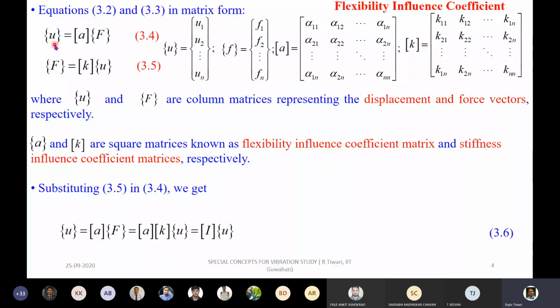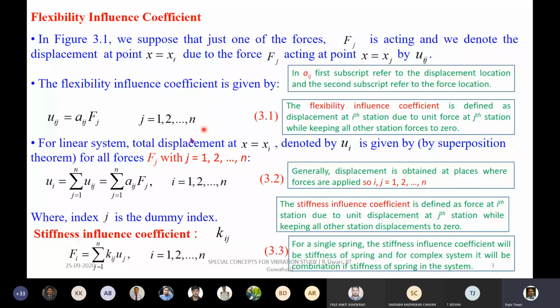So u is nothing but u1, u2, u3, un. F is nothing but f1, f2, f3, fn. A is the influence coefficient. The first row corresponds to i equal to 1. If we take i equal to 1 and expand, we'll get n terms.